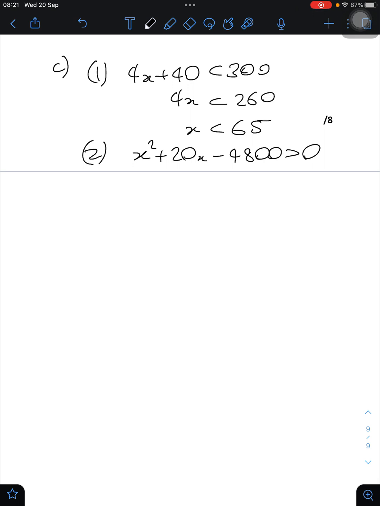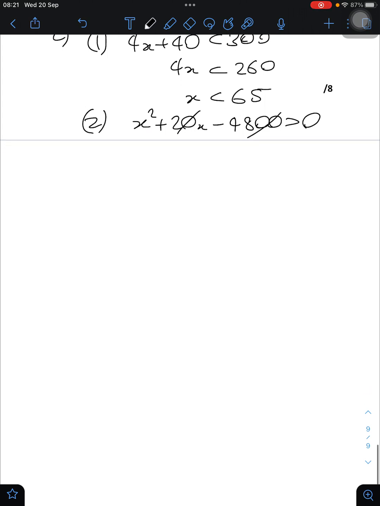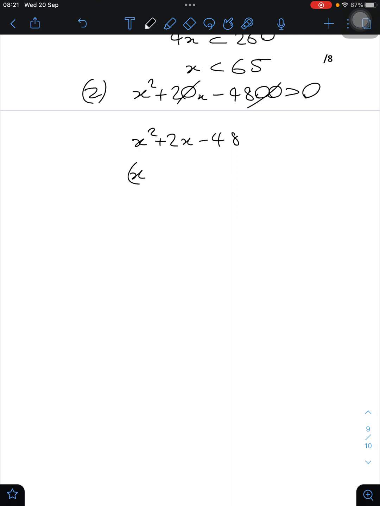Trying to factorize this, I think it's easiest if we ignore our 20 and just leave it as 2, and we keep that as 48. Just makes it a lot easier. Because if we have x squared plus 2x minus 48, this would be much easier to solve. Because 48 is 6 times 8, and so therefore we get plus 8 minus 6.